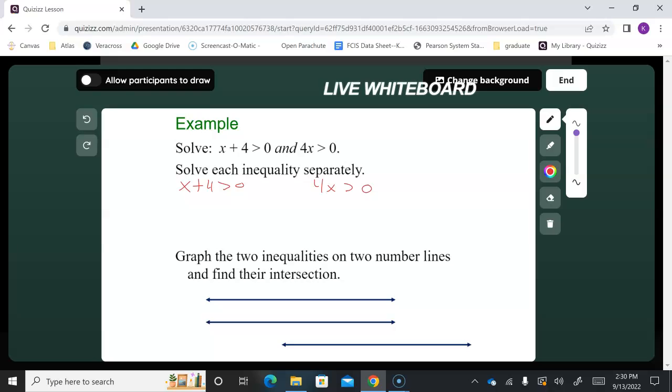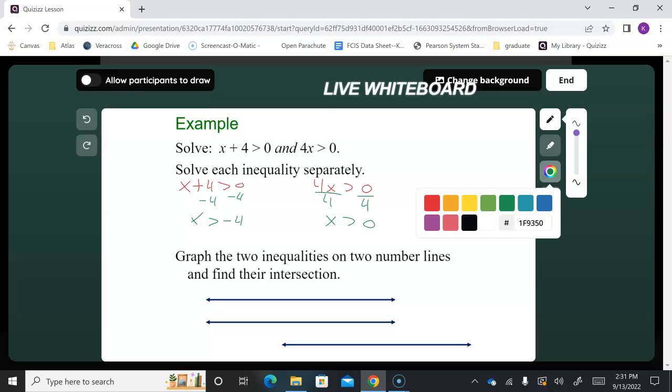We solve them each independently. I get x is greater than negative 4, and x is greater than 0. So we're going to graph both of those and see where they overlap. And that is the solution to our inequality.